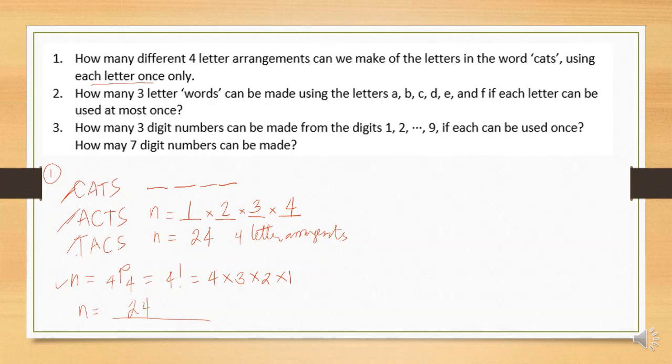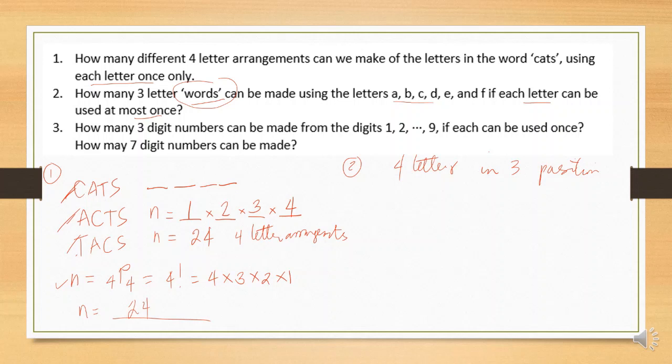Okay, so for number 2, how many three-letter words can be made using the letters A, B, C, D, E? So this means for the words, they don't need to have a meaning. Okay? So again, if we use each letter at most once, we are arranging four letters in three positions.